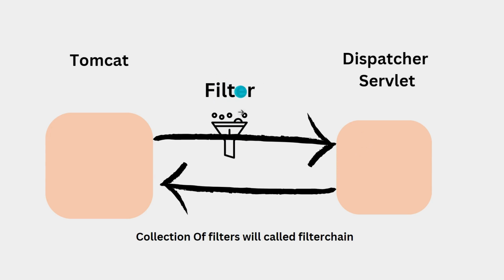Our filter will execute. Once the filter is executed, the request goes to the controller, and the controller starts executing the API process. In the same way, the response goes back to the client. If you are dealing with a collection of filters, we call that a filter chain.